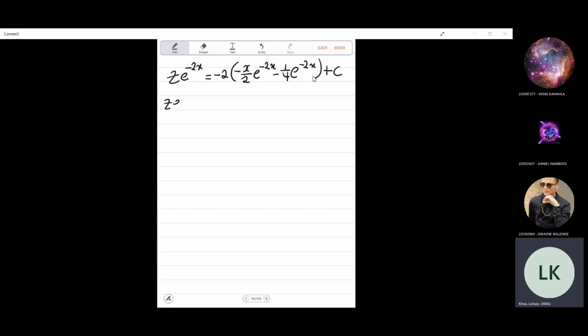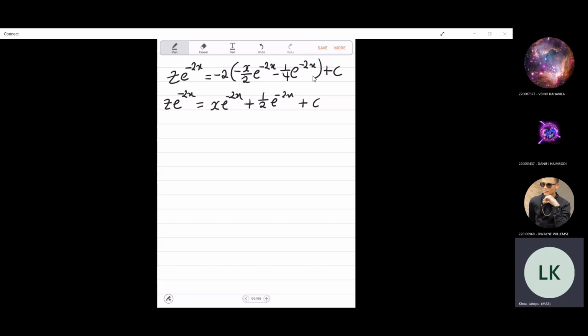We have z e^(-2x). This is x e^(-2x), and then we have plus a half e^(-2x), and then we add our constant.